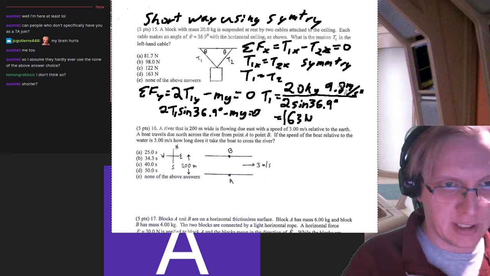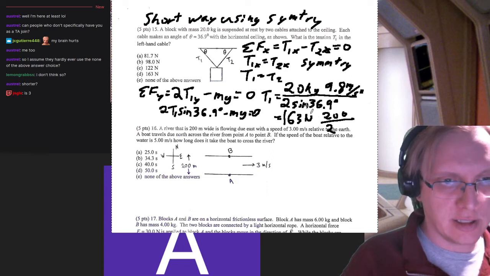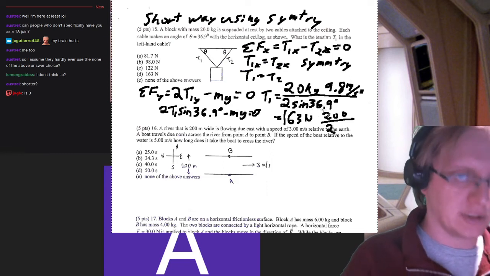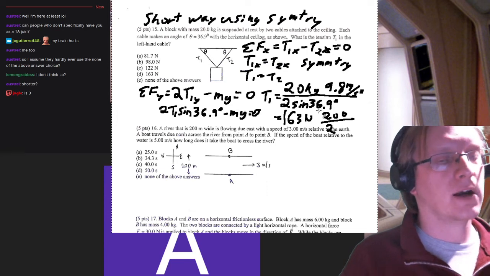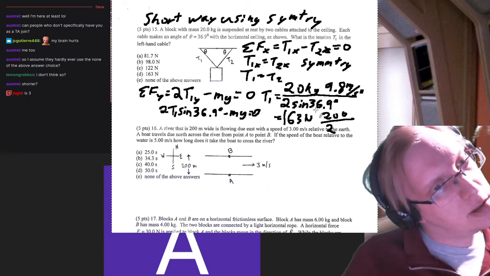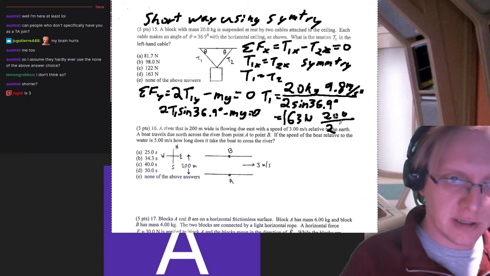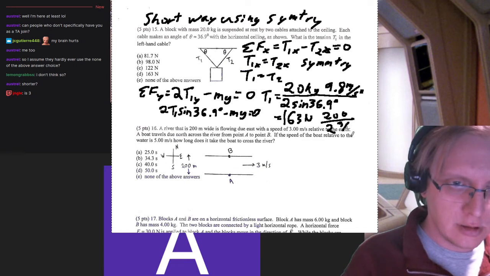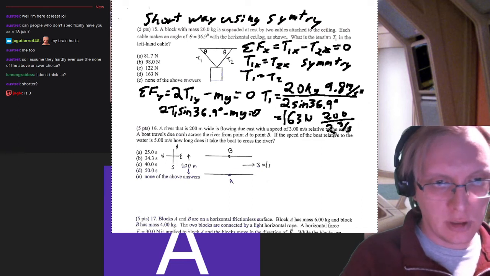Let's try to do that in our heads for the kicks of it. We have 20 times 10, so that's 200, over 2 sine of 36.9, and that's the 3/5 there.